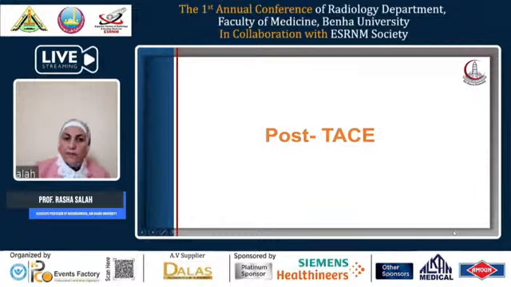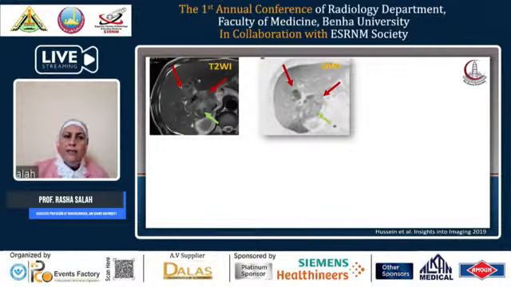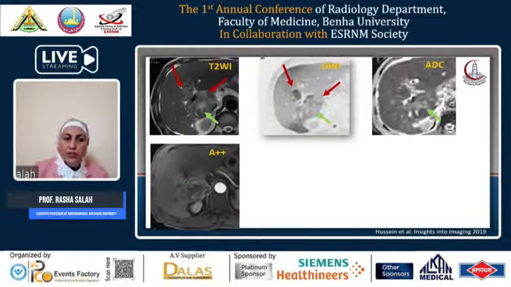As regards this post-treatment case, as we mentioned earlier, MRI is very important because it allows discrimination between residual tumor and post-treatment change. As we can see over here, there is a heterogeneous enhancement noted at the periphery of the lesion with a non-enhancing central part.